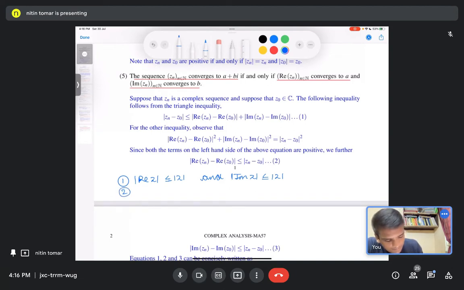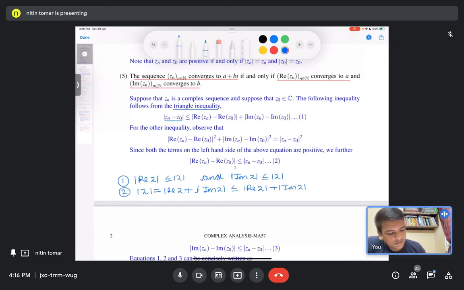And second, mod z, which you can write as mod of the real part of z plus iota times the imaginary part of z, via the triangle inequality is less than or equal to mod of the real part of z plus mod of the imaginary part of z. So the first inequality is precisely the triangle inequality on zn minus z naught.